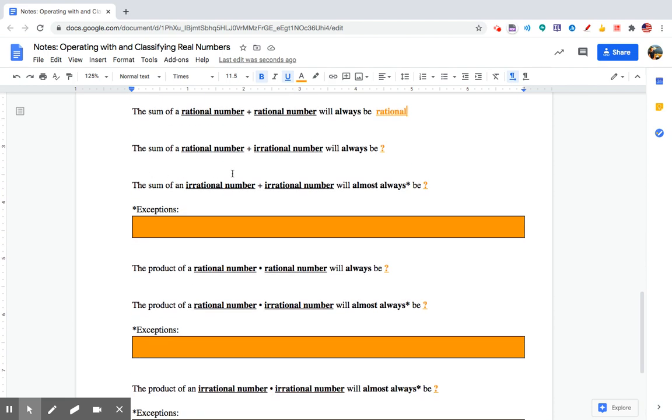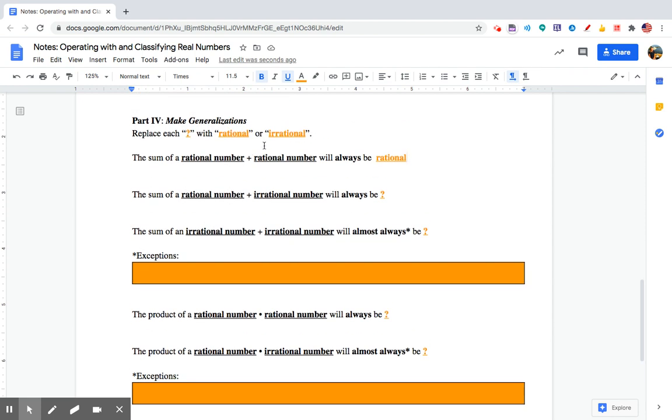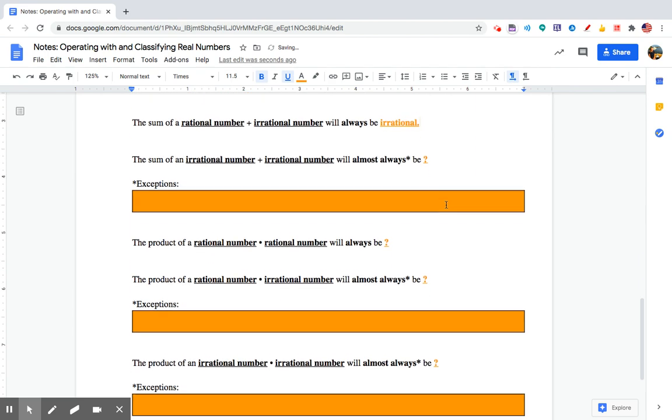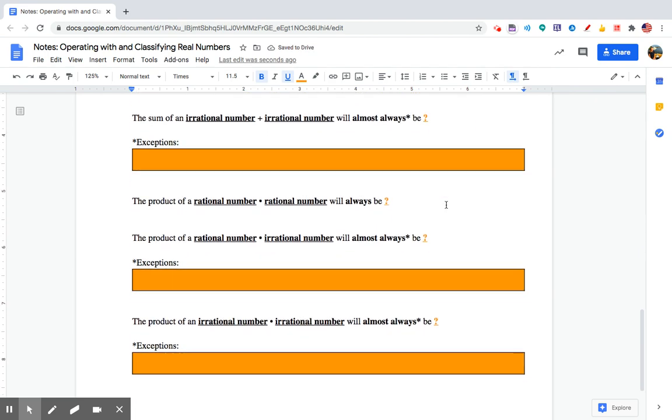Okay, this one, the sum of a rational plus an irrational number, well, I'm still going to end up with decimals that go on forever with no pattern. So this sum is going to be irrational. Now, this one we tip you off to be careful because we're telling you there's an exception.